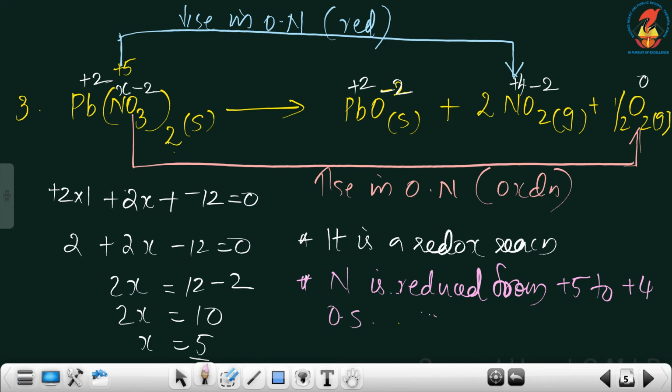Reduced from plus 5 to plus 4 oxidation state means it is acting as the oxidizing agent or oxidant.